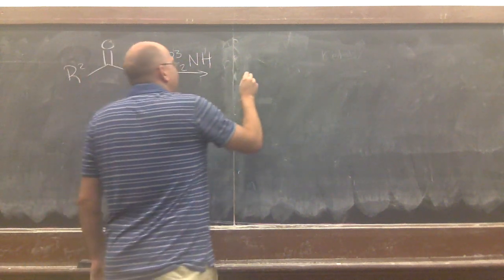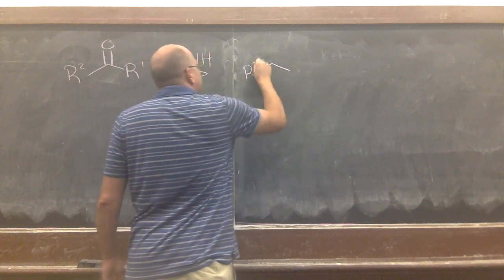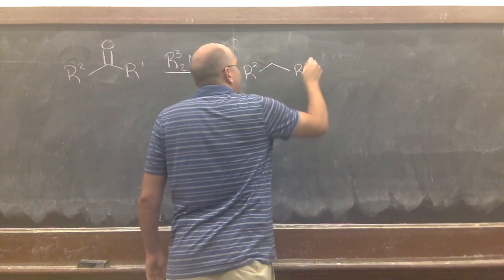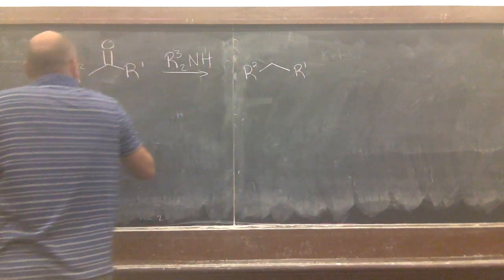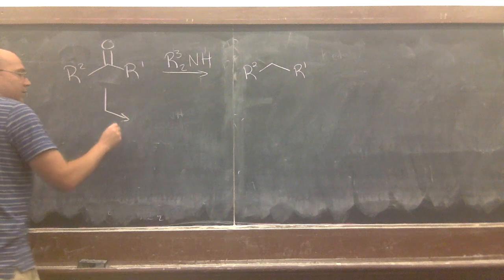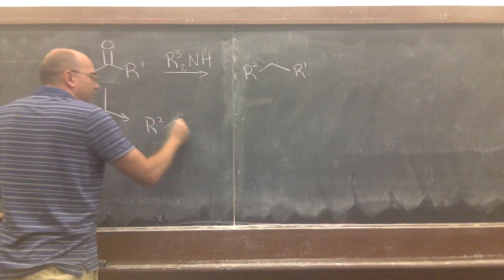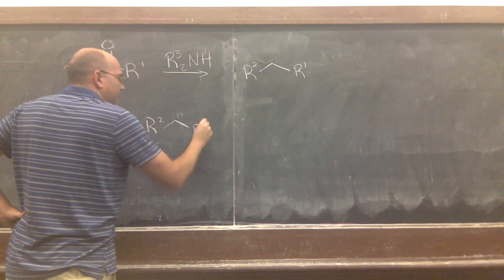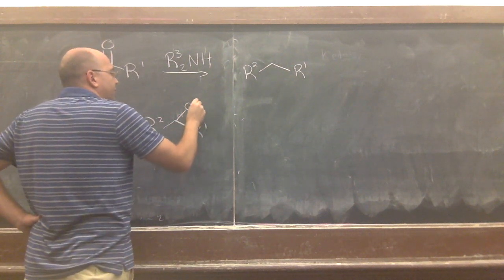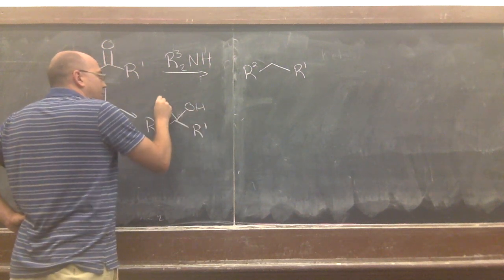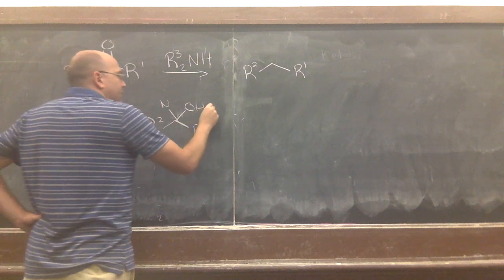What's going to happen, and this explains the differences between these, is that if we were to do the condensation and went through all the mechanisms that we had previously, you're going to get to, and you should all be able to get to, the analogous intermediate that's going to look something like this.